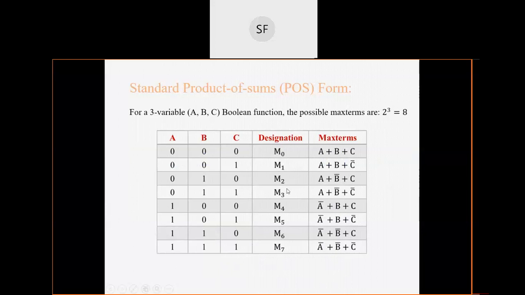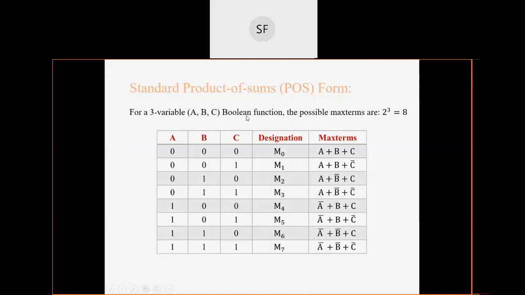Now similarly, this is the three variable Boolean function, and possible max terms for the three variable Boolean function will be similar to the possible min terms, that is 2 raised to power 3, it is equals to 8 max terms will be there possibly.